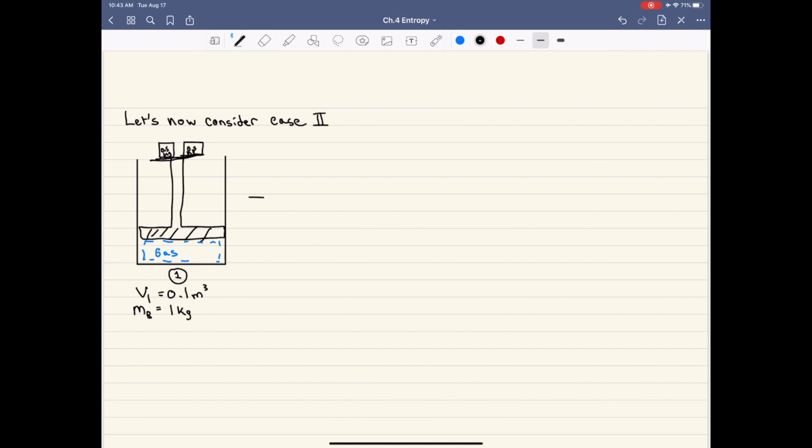And what we're going to do is remove one block at a time. So we remove one block.